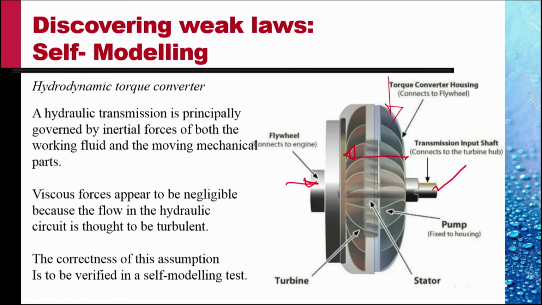Such a transmission is principally governed by inertial forces of both the working fluid and the moving mechanical parts. Viscous forces appear to be negligible because the flow in the hydraulic circuit is thought to be turbulent. Is this assumption correct? The correctness of this assumption is to be verified in a self-modeling test.